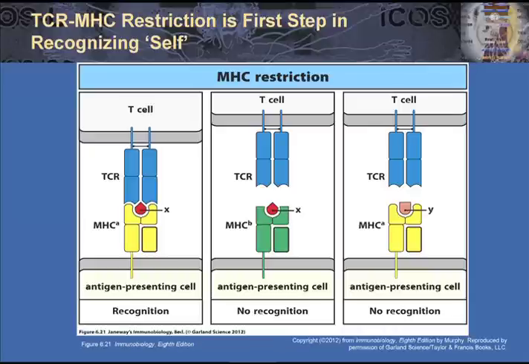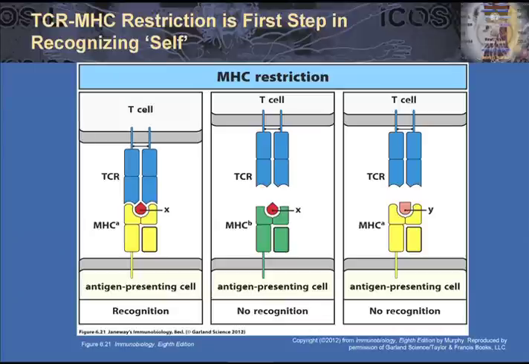In the middle panel, that same peptide, peptide X, is being presented to the same T cell, but this time the antigen-presenting cell comes from a different individual, it's so-called MHC-B instead of MHC-A, shown in yellow.